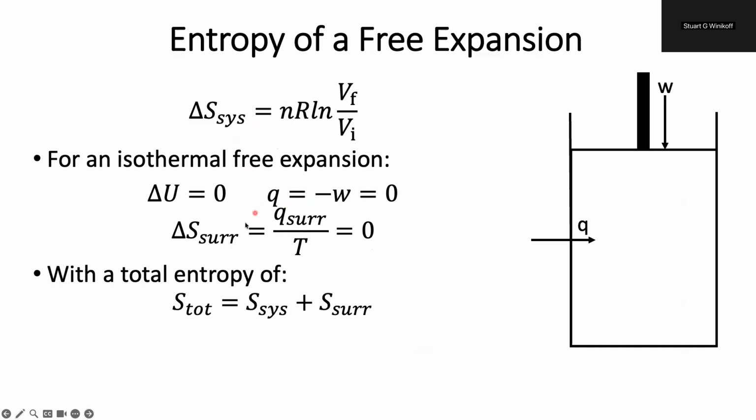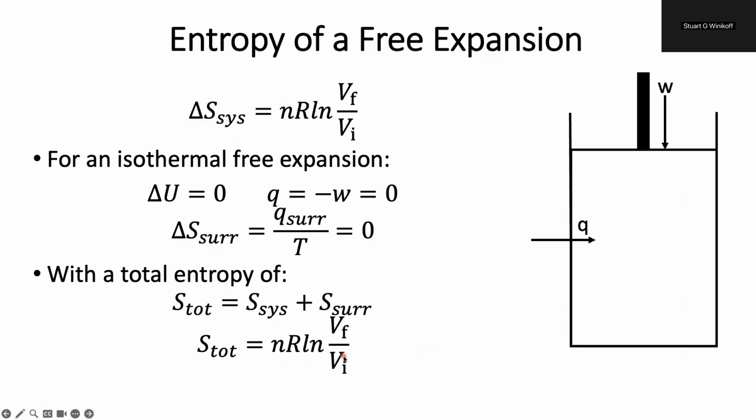Now that has some fun consequences because it means our total entropy, again, is just going to be that sum of system and surroundings, which means it's just the system. So that means I can get my change in total entropy just from the entropy of the system, which is again going to be based on this natural log of the ratio of volumes.